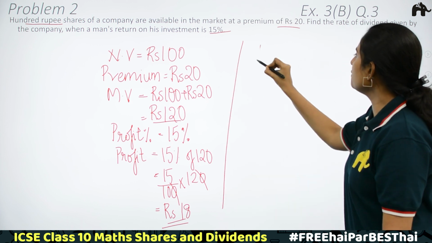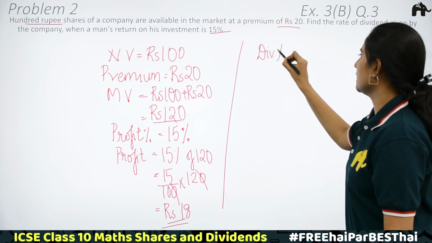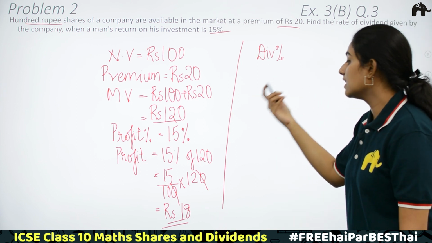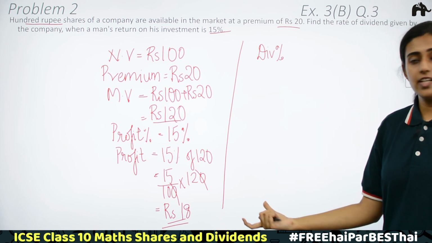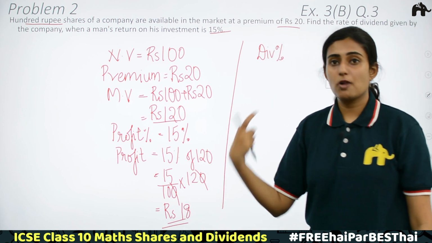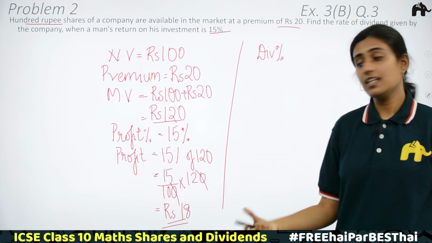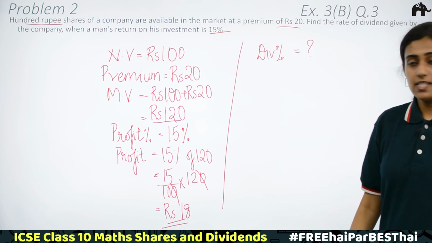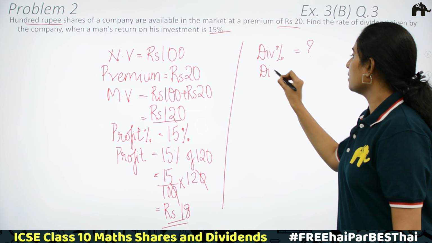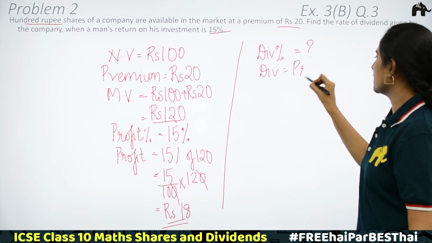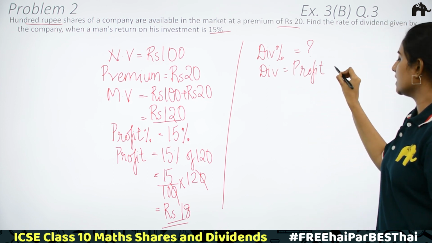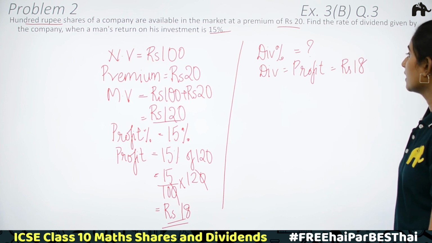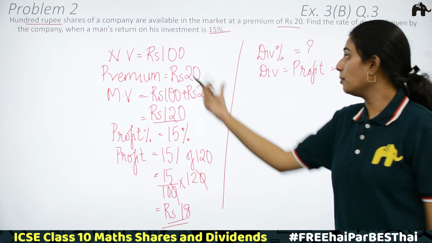Now, we need to find dividend percentage or the rate of dividend. We have the dividend here. What is the dividend? We know return, profit, income, dividend, all are the same. We need to calculate dividend percentage. Dividend is same as profit, which is equal to rupees 18. Also, we have the nominal value.